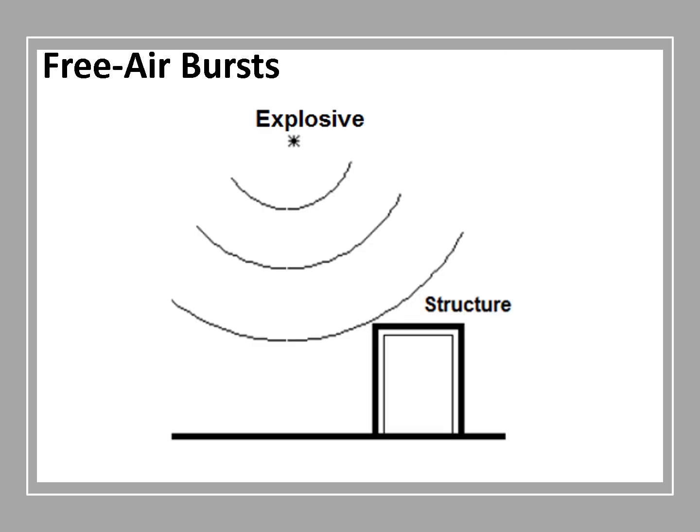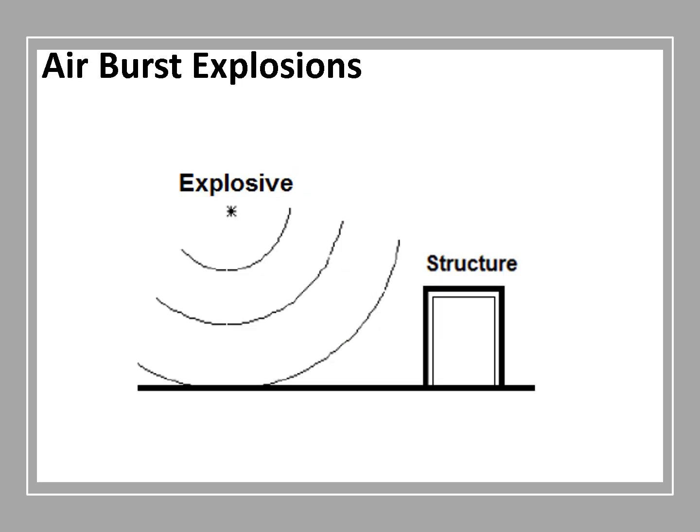When there are free air bursts, the explosive charge explodes in midair. There is no interaction with other objects or the ground. Hence, the blast approaches the structure without prior amplification. When an air burst explosion occurs, the charge detonates in the air, causing the blast wave to spread out spherically.